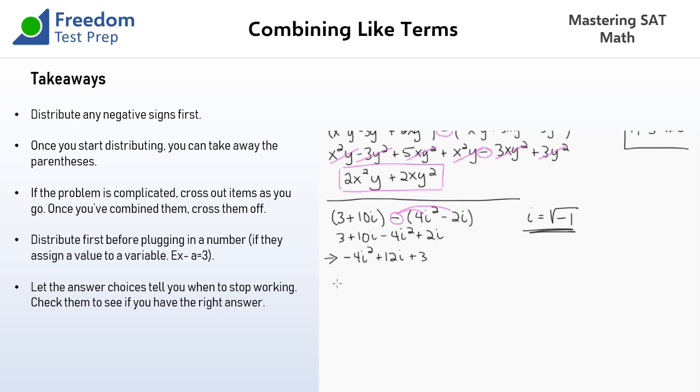Okay, there's one other question type that involves combining like terms, and it might be something like they're asking you for the sum, right? Which means you're going to be adding.